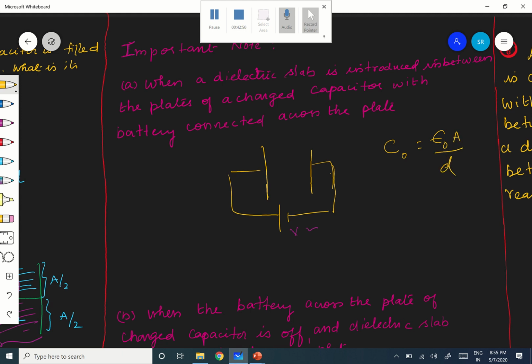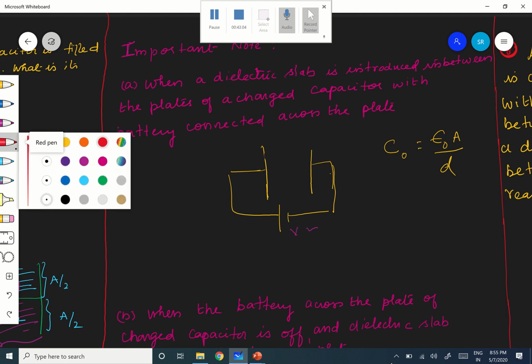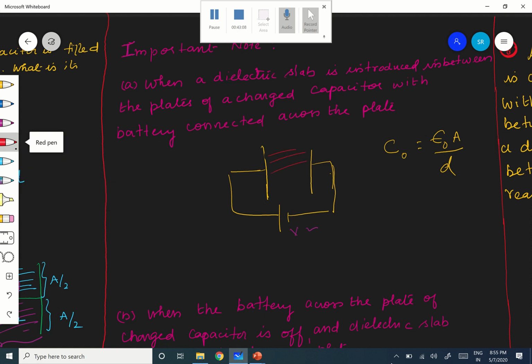All the other factors I am not changing, but only now I am introducing a dielectric slab, without removing the battery.